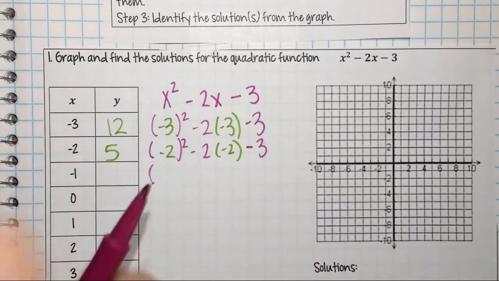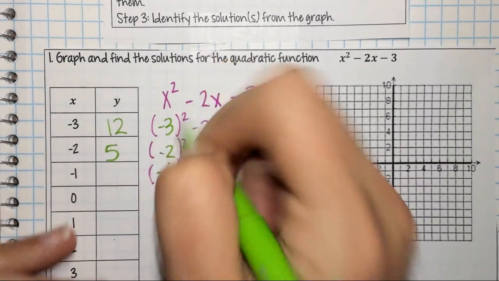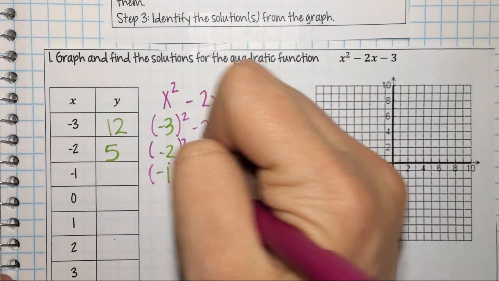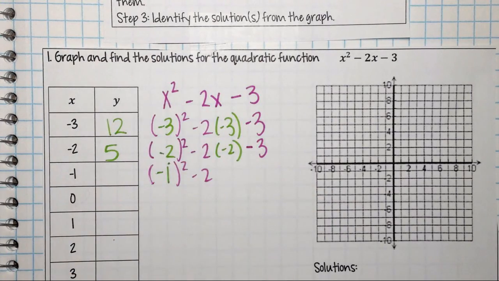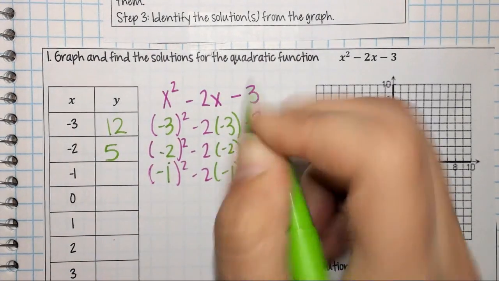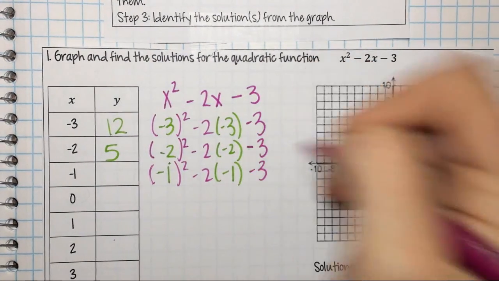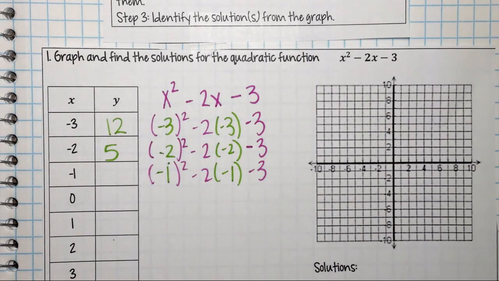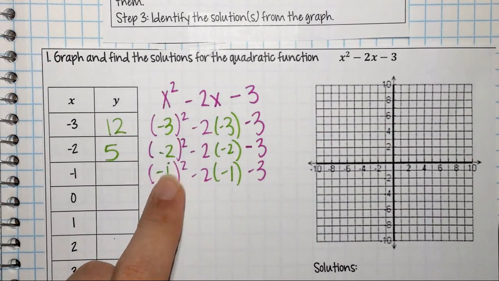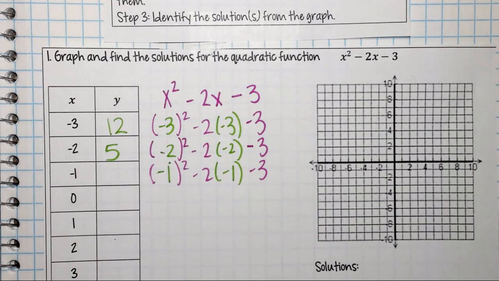All right, so let's plug in -1. Work that out and someone tell me what you get. You got 0. 1 plus 2 minus 3. Yep.